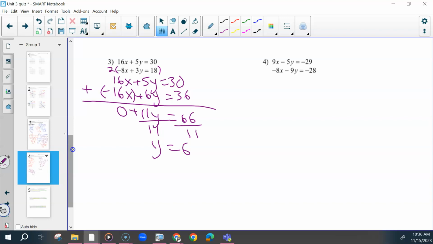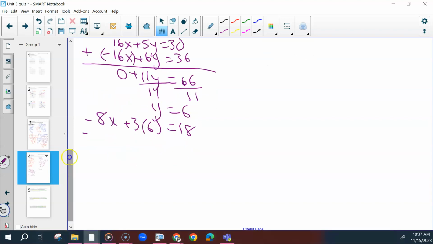Then when you put 6 back in, let's say I did that to this one, -8x plus 3 times 6 equals 18. When I subtract 18, I get 0. Some of you solved for x first and got 0, which was fine.